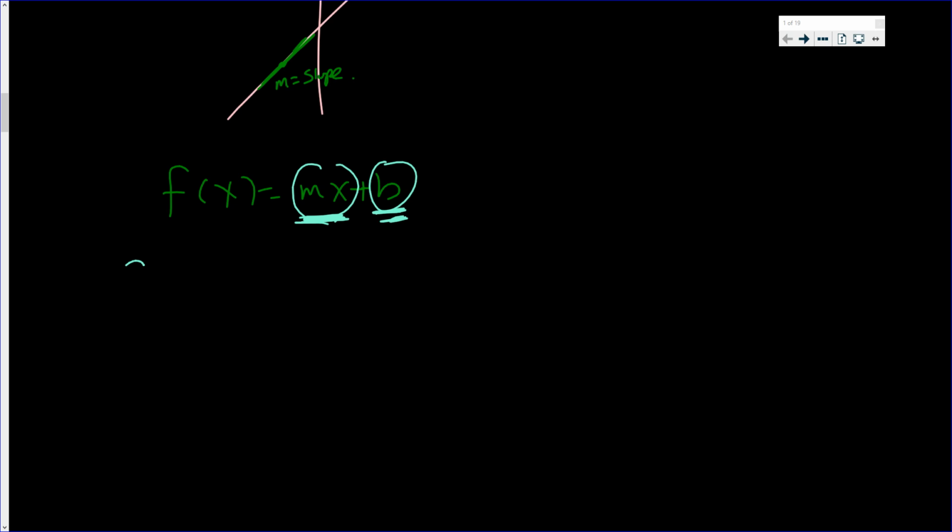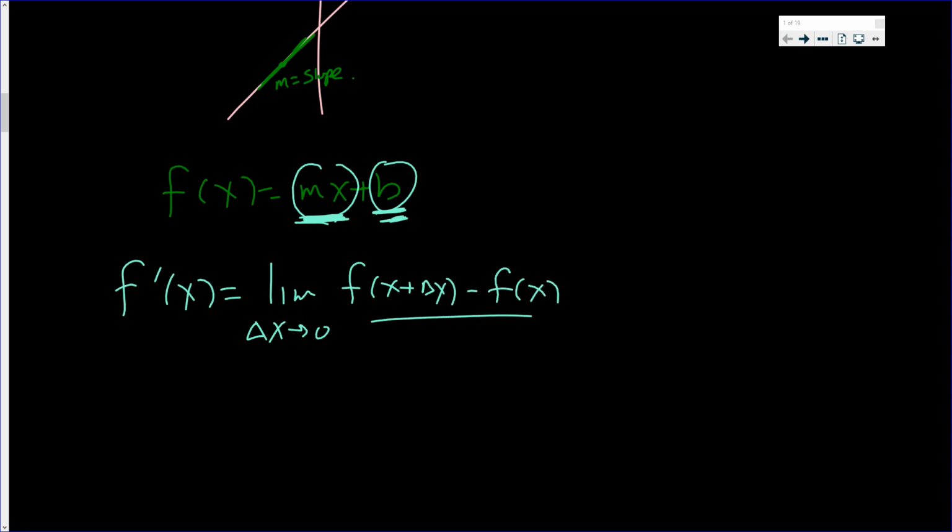Okay, so f prime of x is equal to the limit as delta x approaches 0 of f of x plus delta x minus f of x all over delta x. This is equal to the limit as delta x goes to 0. Now what does f do? It takes what's in here and multiplies it by m, and then it adds b.